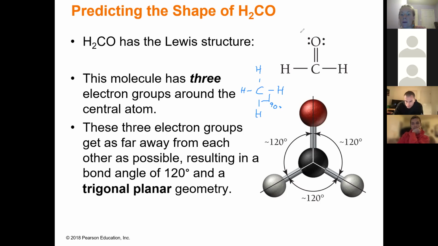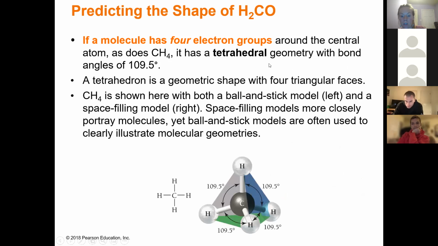So the shape is what's called tetrahedral. I am not even going to attempt to draw it, but it looks something like this. It's kind of like a little pyramid. In our methane, we have carbon in the center, with 3 hydrogens pointing down and 1 hydrogen pointing up to make a cute little pyramid.